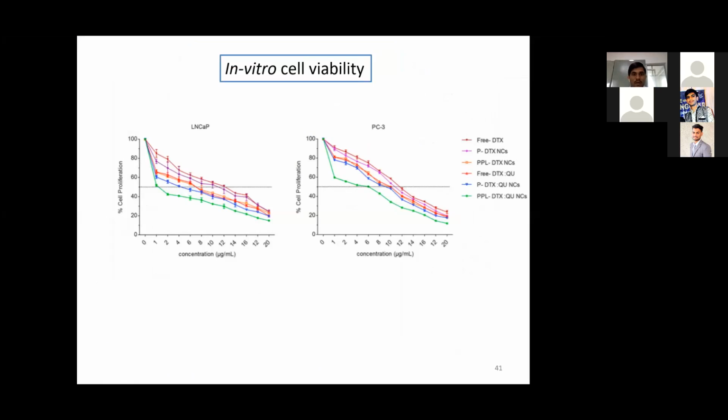In order to study your nanoparticles in cell viability, you have to seed a particular count of cells like 10,000 or 7,000 cells on the petri dish.